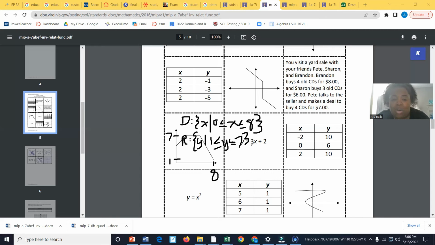So that's how that would actually go. When you're looking at domain and range, you want to say how far left does the graph go, how far to the right does the graph go. That's how you determine domain and range.